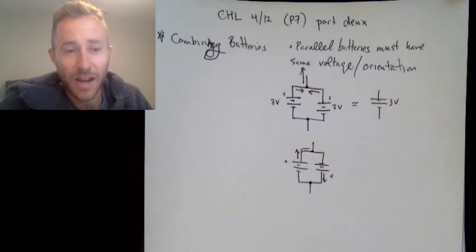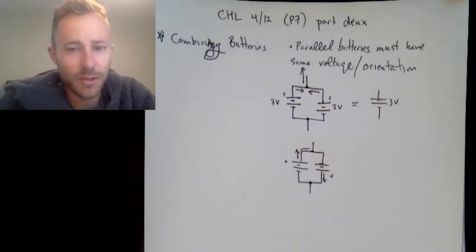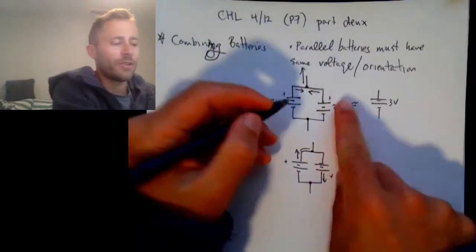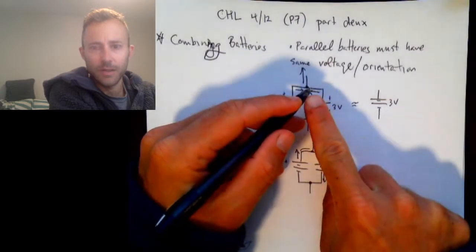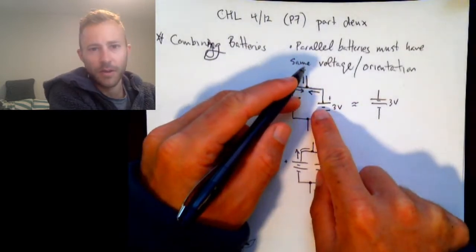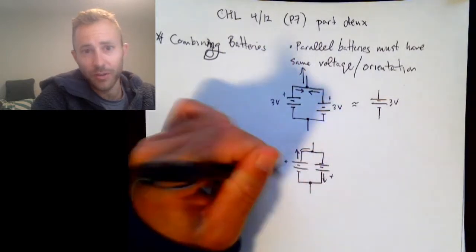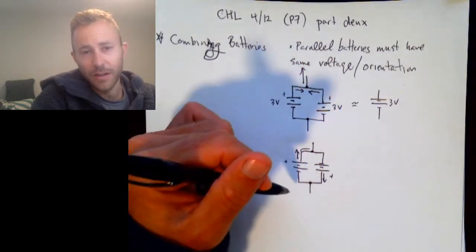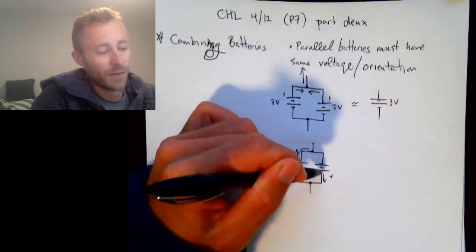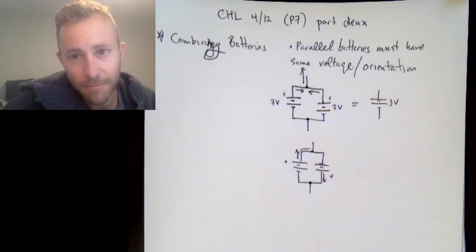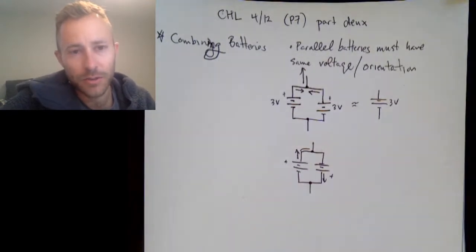You have a high chance of fire if you connect batteries in this way, because here the batteries are fighting each other, and then they provide a lot of current. Here the batteries are actually helping each other out, and so their currents are combining, and so there's going to be a lot of electric current in this wire, which means the wire is going to get really hot, and it's going to potentially start a fire.